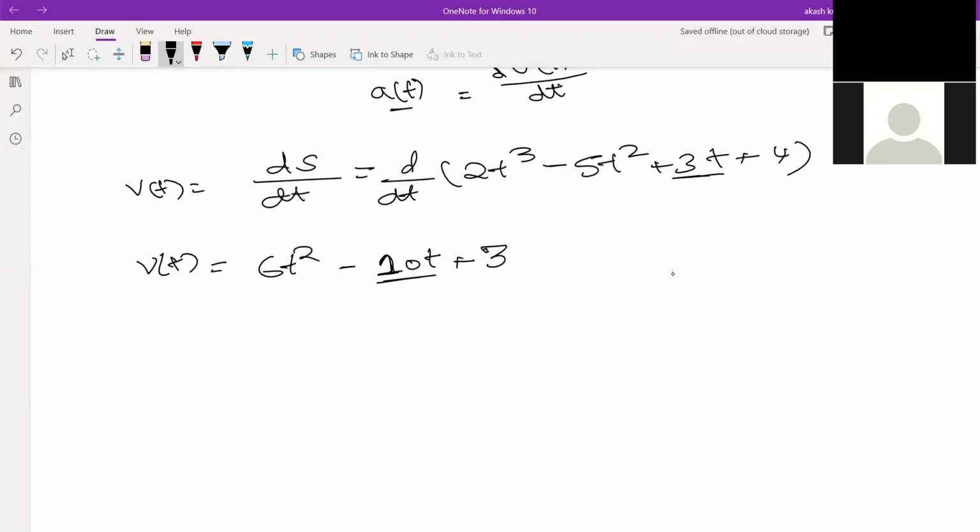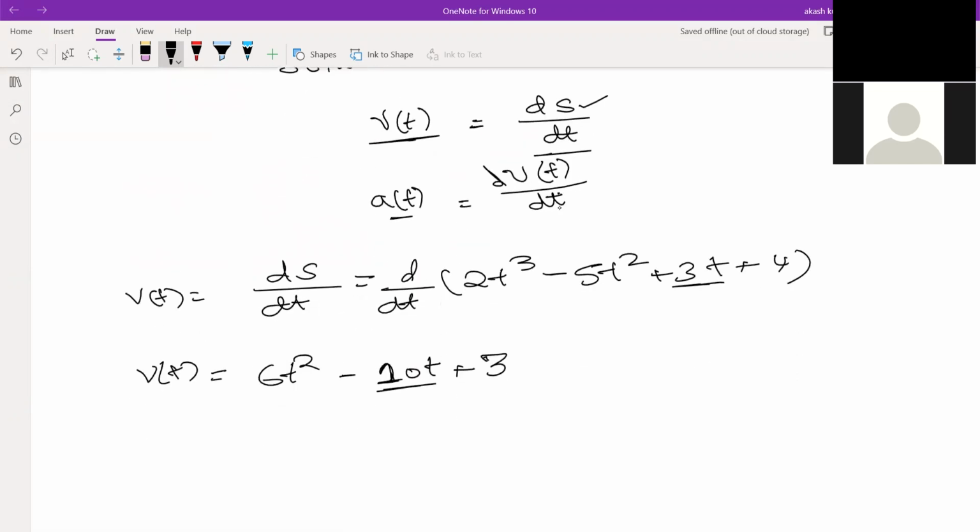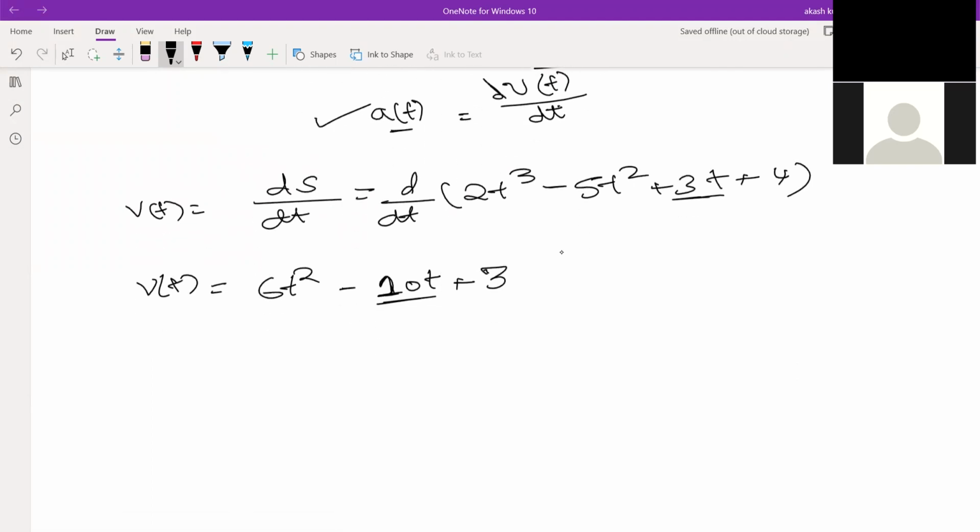If we differentiate the velocity, we will get the acceleration. So the first one is the distance, which was given in the question, then we differentiate it to get the velocity, and if we do it again, we get the acceleration. The question can be asked in any way: if you are given the velocity function and asked to find the acceleration function, you differentiate the velocity function.